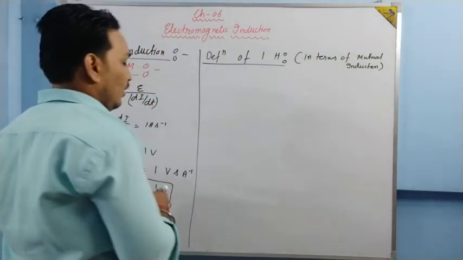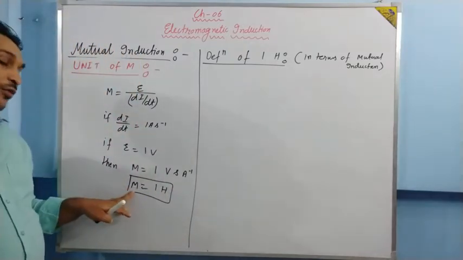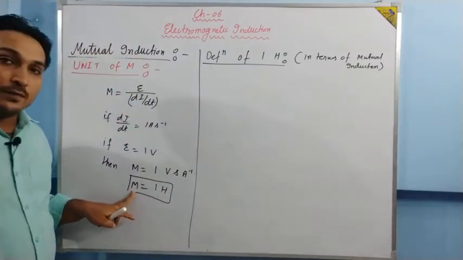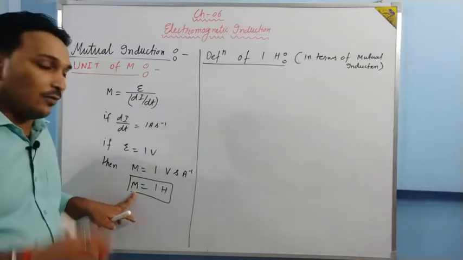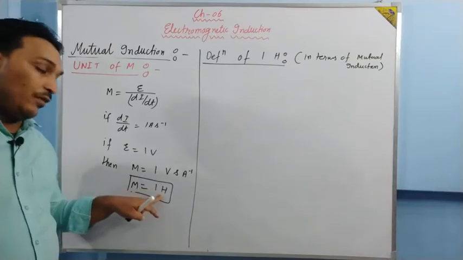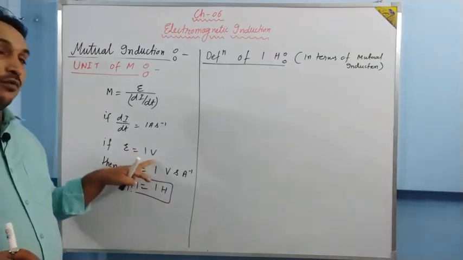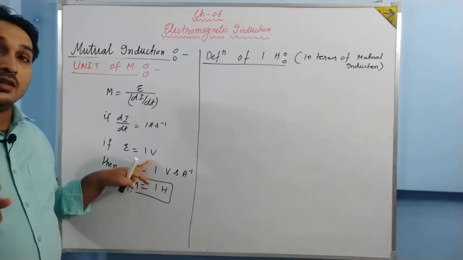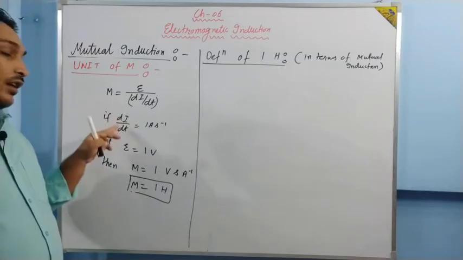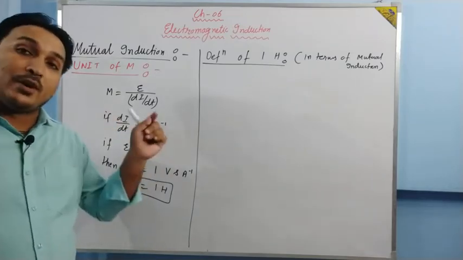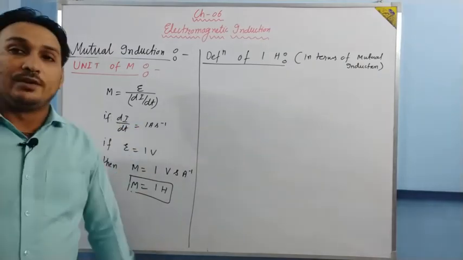We'll say that the coefficient of mutual inductance of a pair of coils is said to be 1 Henry if an induced EMF of 1 volt is set up in the secondary coil when the rate of change of current in the primary coil is unity.